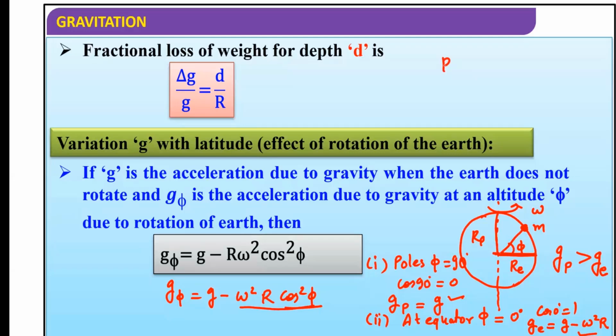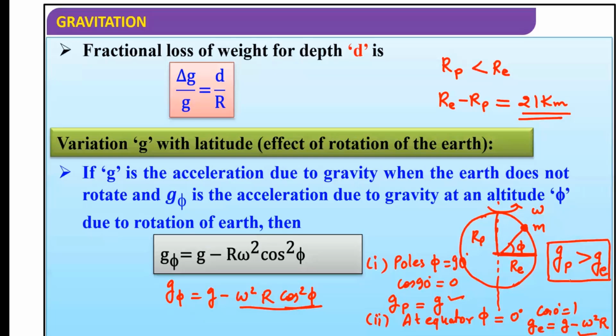Remember that radius at pole is less than radius at equator, and this difference R_E minus R_P is almost 21 kilometer. So because of this much difference of the radius, gravitational acceleration at the pole is more as compared to gravitational acceleration at equator. I hope it is clear to everyone.